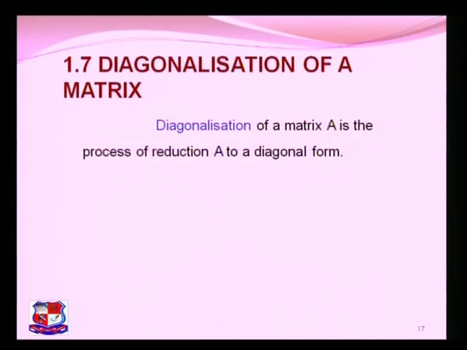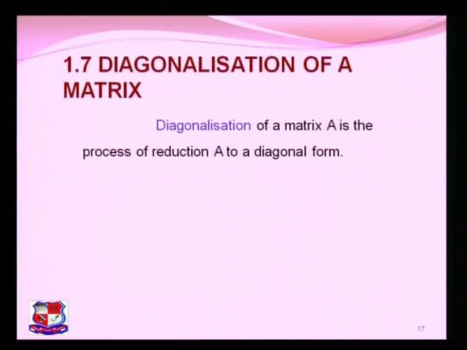First of all we need to be clear what the diagonal form is. If we know the definition of a diagonal matrix, then we can easily know the diagonal form. In a diagonal matrix, all the off-diagonal elements are 0 and we have values only in the diagonal entries, right? That is the diagonal form.